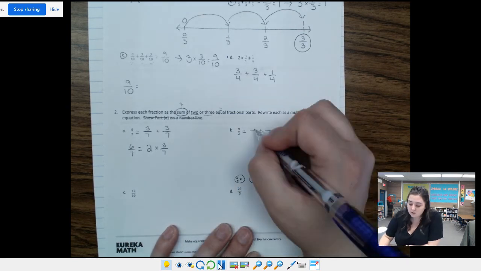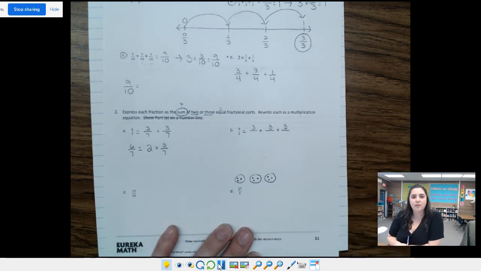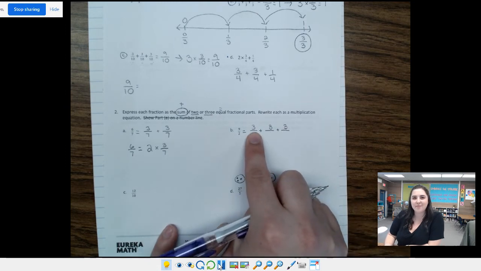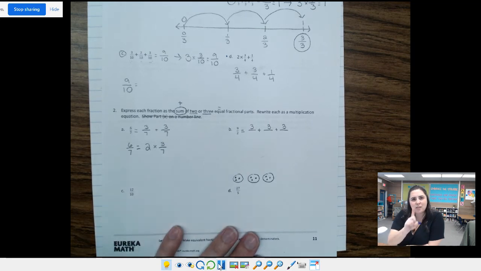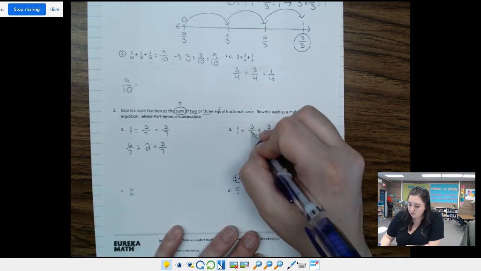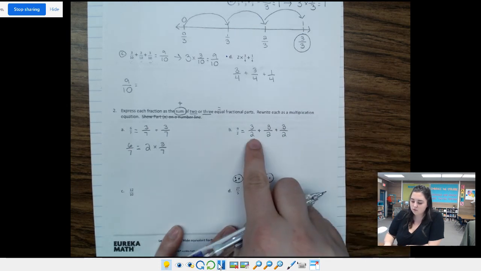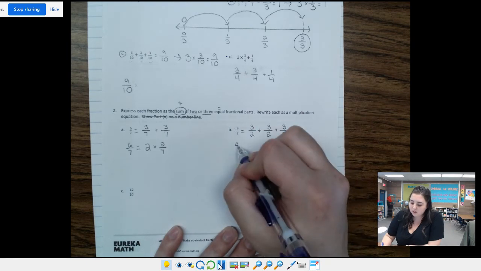So if I have 3, 3, and 3, those are all the same. Do they equal 9? 3, 6, 9. What's our bottom number going to be? It does not change. So I hope you said 2. 2, 2, 2, still 2. Now I want you to take a second.